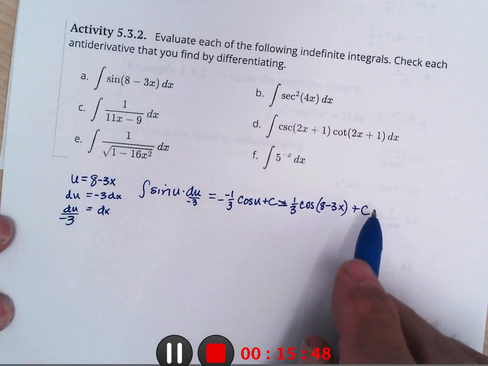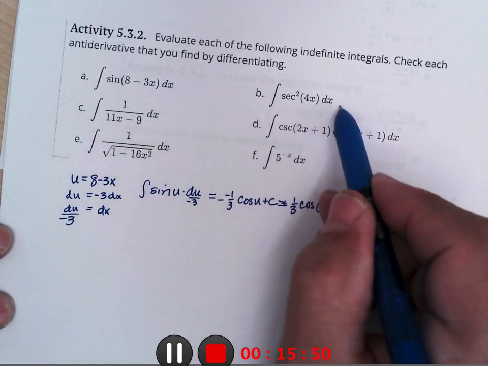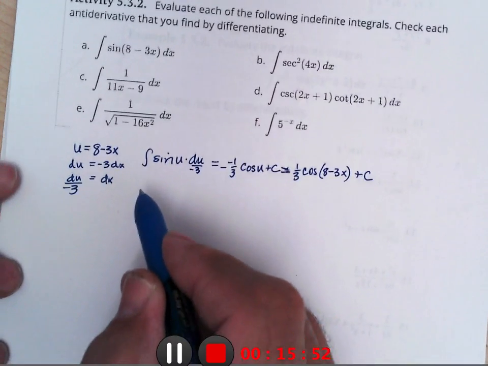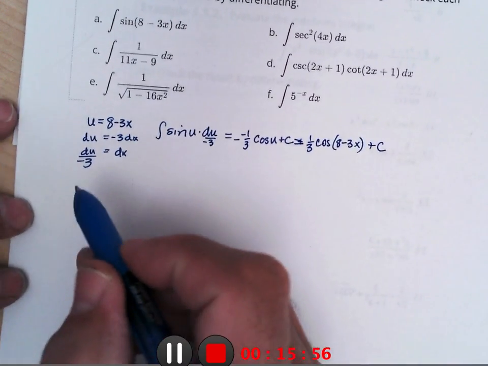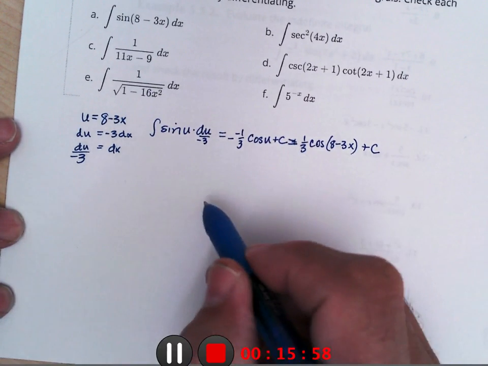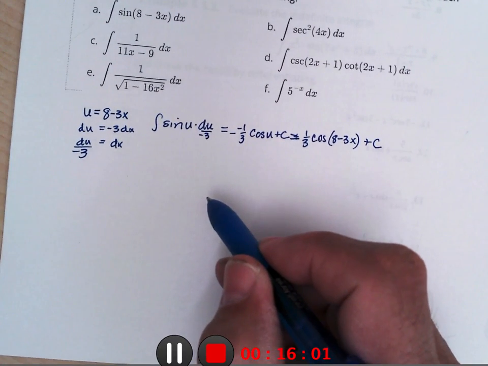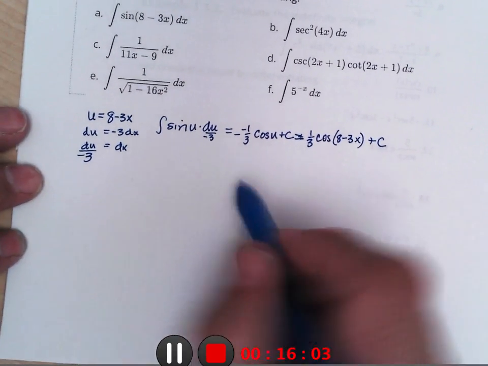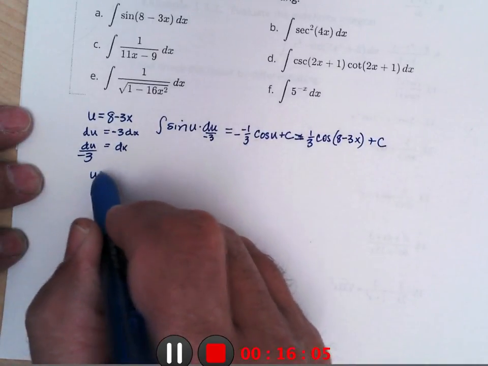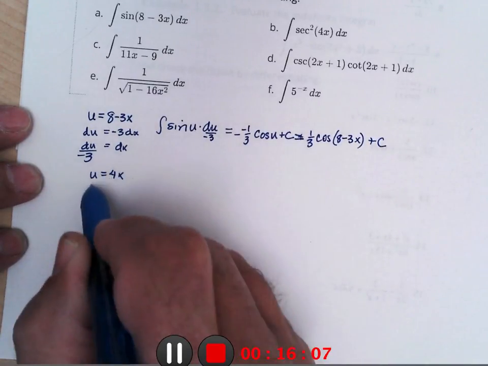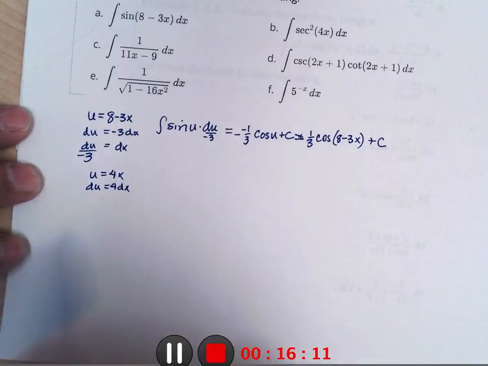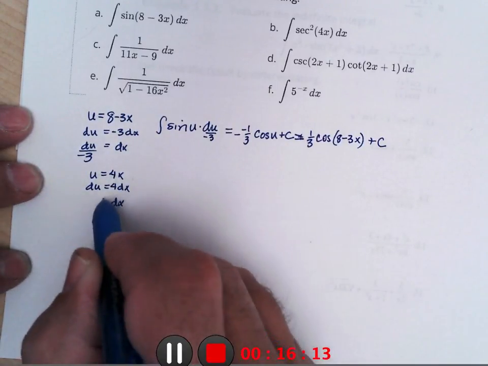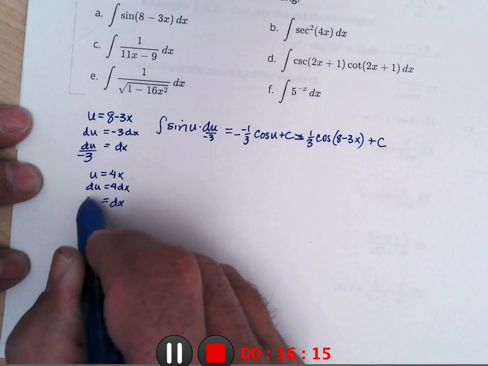Let's do this one, b. What's making this complicated is the 4x. How do we handle that? Will it be just a 1/4? I think it will, but let's check it out. So if we let u equal the 4x, du is 4 dx, and dx is du over 4.